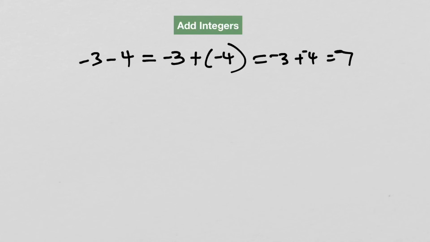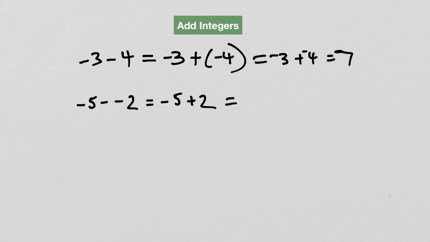Let's take a look at another example. What happens if you've got a negative 5 and you're going to subtract a negative 2? Okay, when you have two negatives like this next to each other, you can now write it like this: negative 5 plus 2. Okay, two negatives together become a positive.